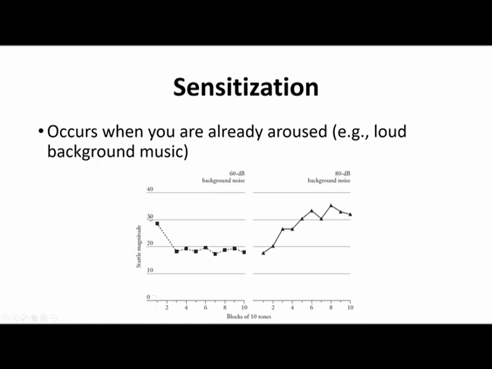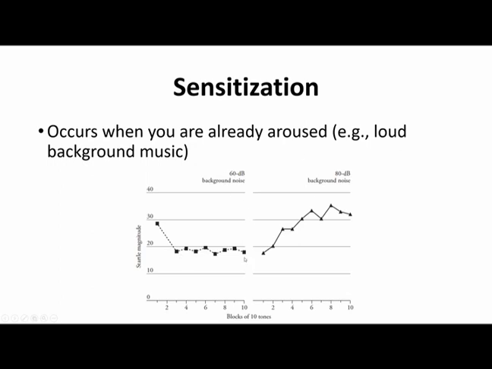It's around 30. Our units don't really matter here. It's just that that's a fairly high number. Then after that, when it's presented again and again and again, we see that that responding goes down quite a bit. So we would say that this is habituation because that responding to that particular stimulus has decreased.